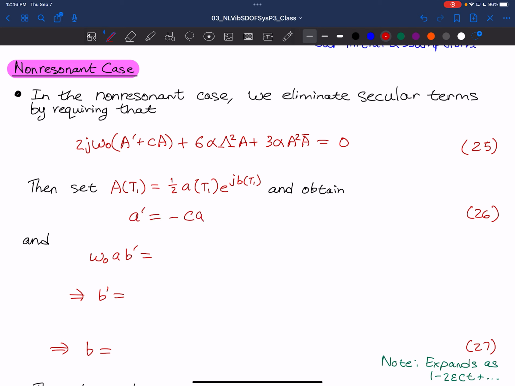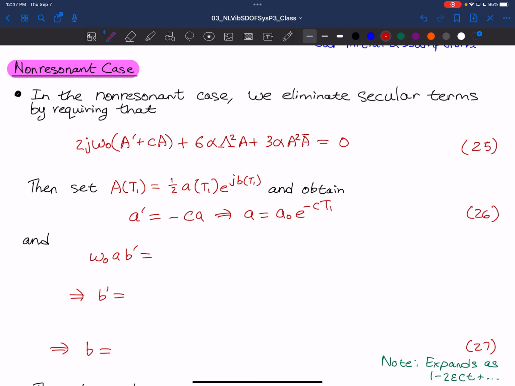And so we substituted in and then separated real and imaginary parts, and now we're looking at the resulting equations of that. For the real part, we'll get a prime is equal to minus ca, and that allows us to solve for a, and a is going to be equal to a0 times e to the minus c t1.